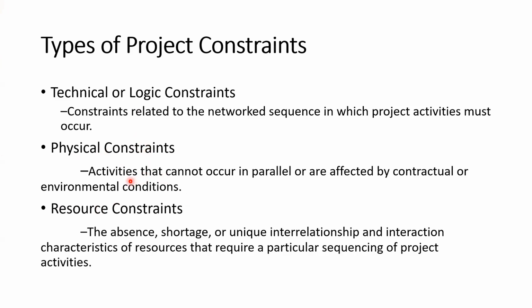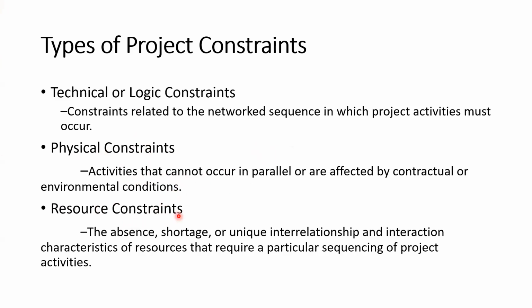There are some activities that cannot be done in parallel. Parallel means all of these activities can be done at the same time. There can be incidents where we cannot do some of the activities in parallel, or they are affected by contractual or environmental conditions.